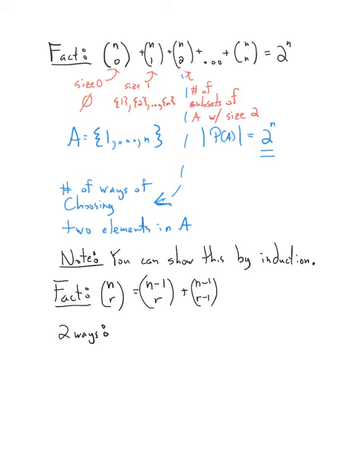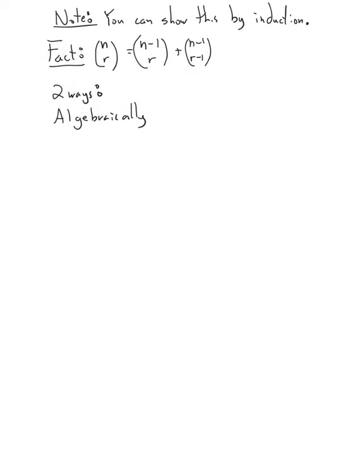First, let's show it algebraically. We know what these things are, so let's start with the right-hand side and see if we can make it look like the left-hand side. We have n minus 1 choose r, plus n minus 1 choose r minus 1.